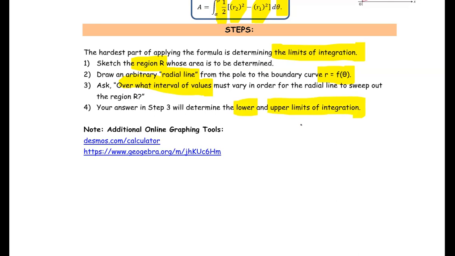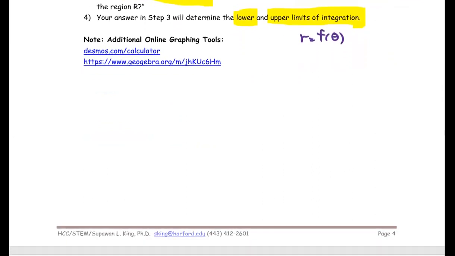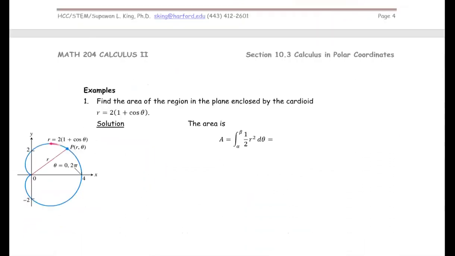Recall r is a function of the angle theta. You can use a graphing calculator or a web-based graphing calculator to see the area of interest.